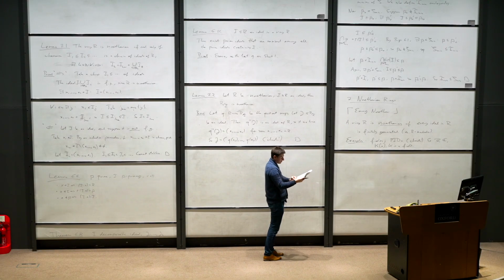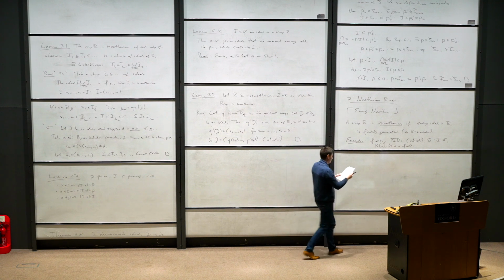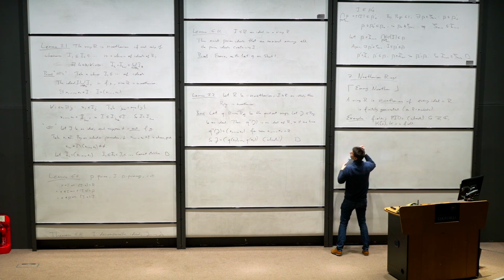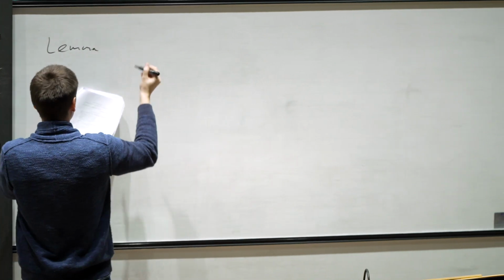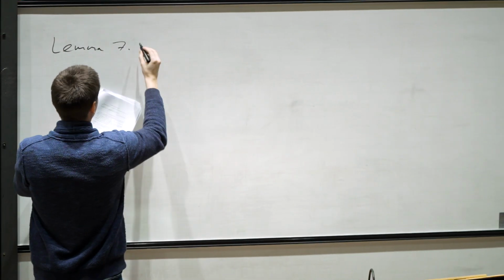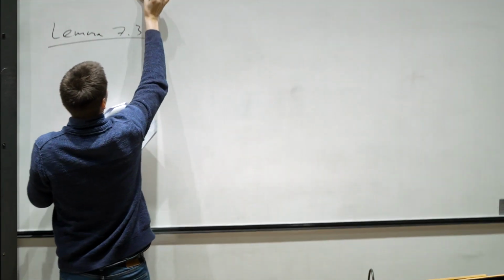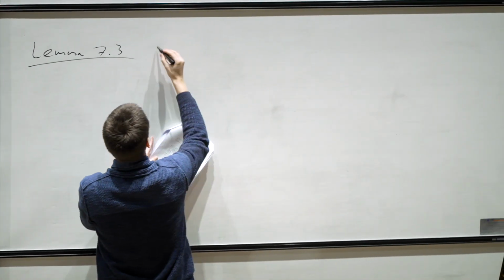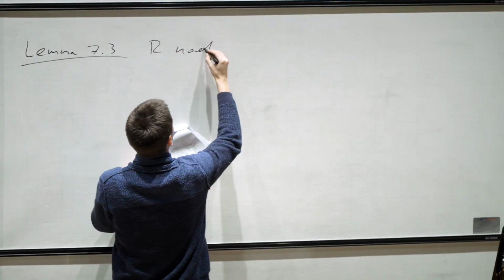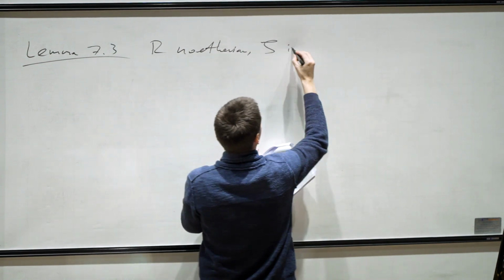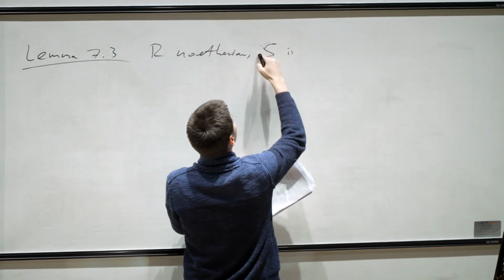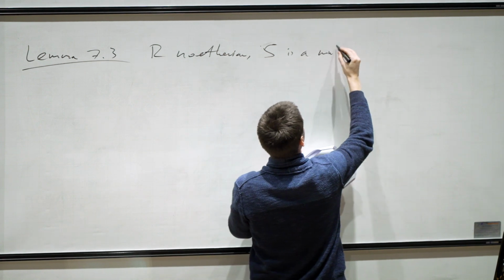One more property. We have 5 minutes, so we can do one more. I said noetherian rings are stable under standard constructions. We went through one standard construction, quotient rings. What's the next one? Well, it's localizations. So R is noetherian, S is a multiplicative subset.